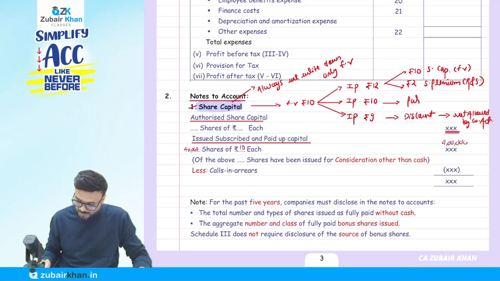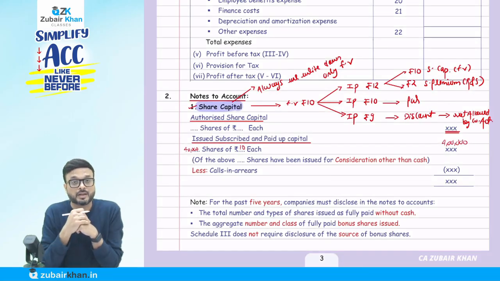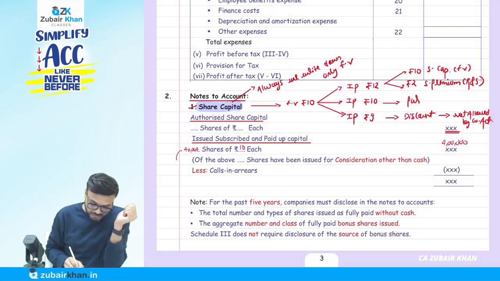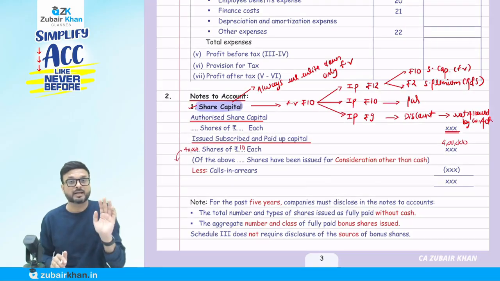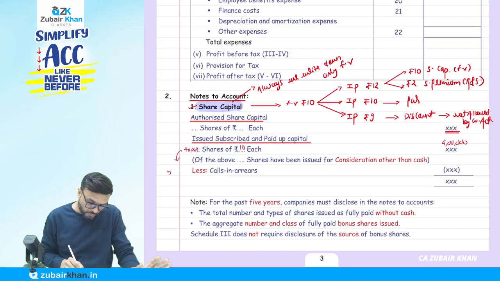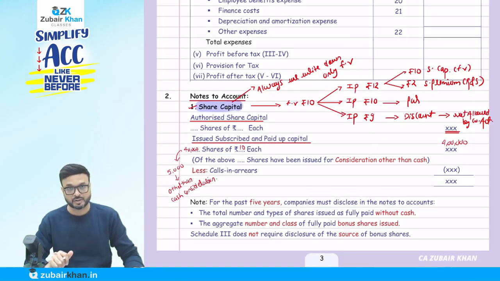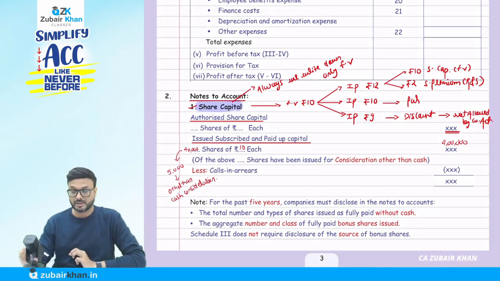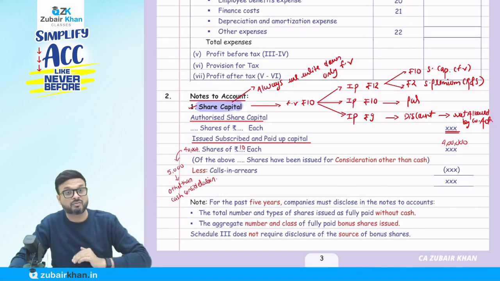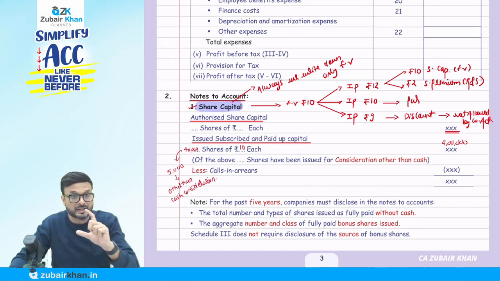Nothing is wrong in that. But suppose out of these 40,000 shares, 5,000 shares are issued for other than cash consideration.